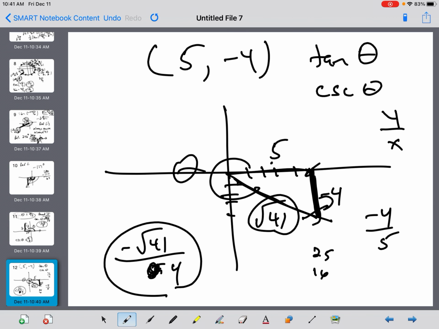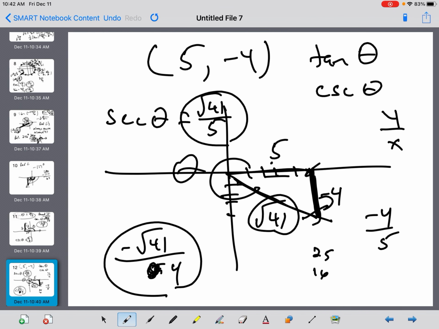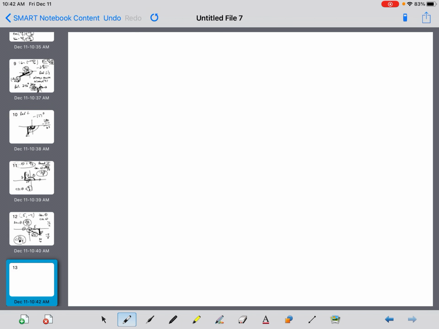So this would be my answer for the cosecant. The secant of theta here would be root 41 over the adjacent side 5, and it's positive because cosine and secant are positive in quadrant 4. All of these things, when you're given one trig function, draw the picture.